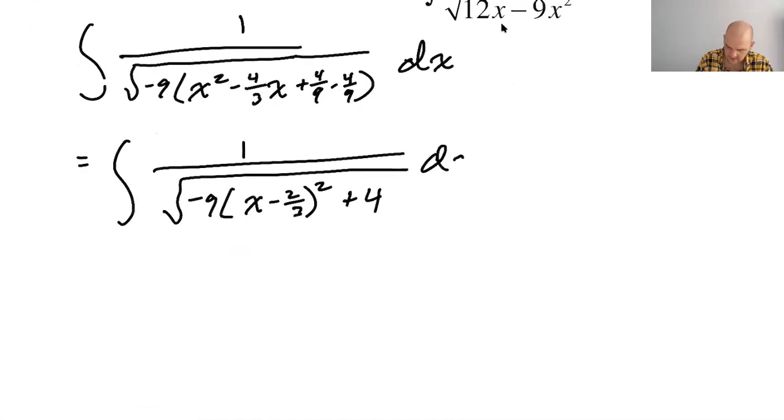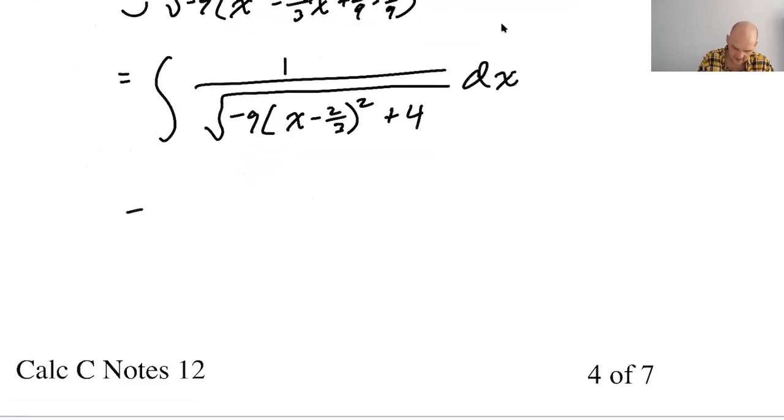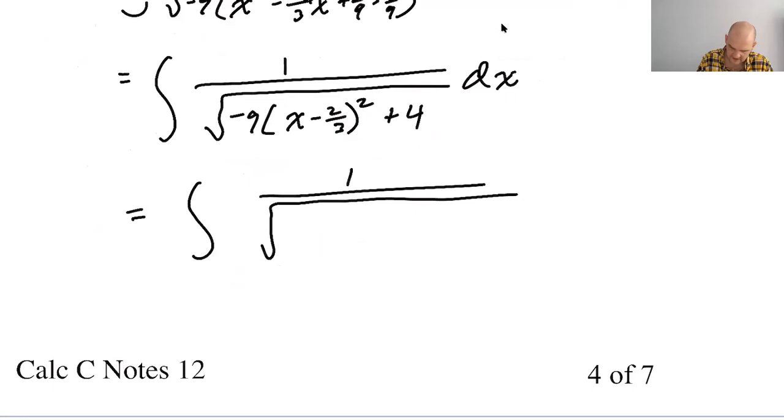Okay. This is not an impossible integral, but it's not the most fun you can have while doing an integral. 1 over, we're rearranging, and I think I'm going to take 4 out of the radical, so I end up with 1/2. So it'll be 1, and then I get minus 9 times x minus 2/3 squared over 4.